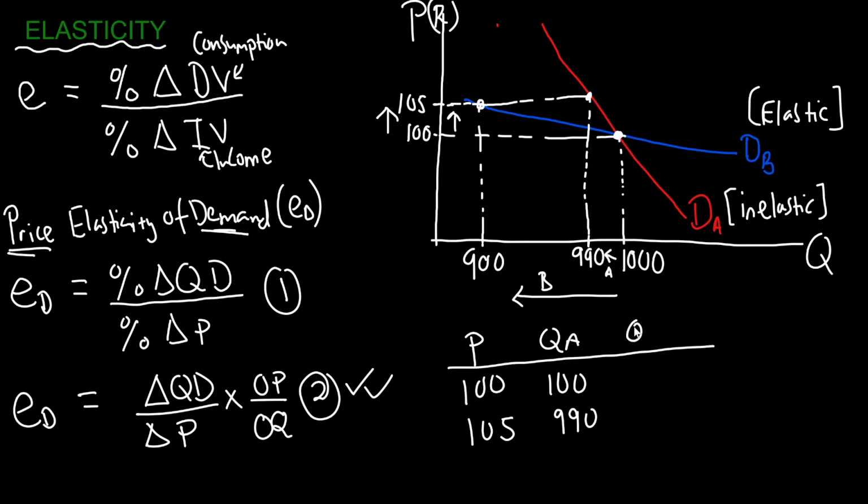And for product B, the quantity has changed from 1,000 to 900. All right. So these are the changes that we have, and these are the ones that we're going to use in our calculation for the price elasticity of demand. Right. Let's get on it.